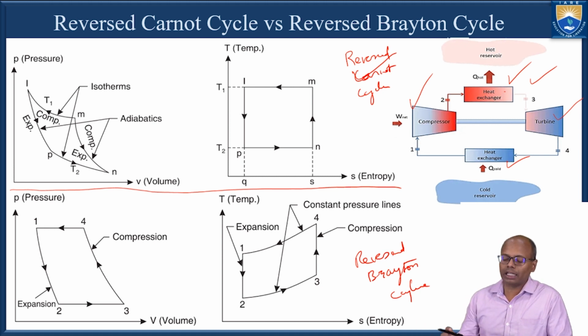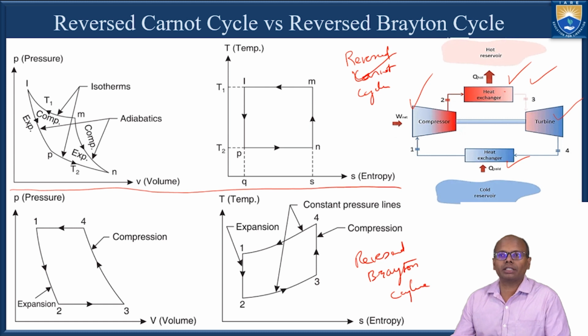In this diagram, there is a compressor and a turbine which are connected, and there are two heat exchangers which are working at different temperatures.